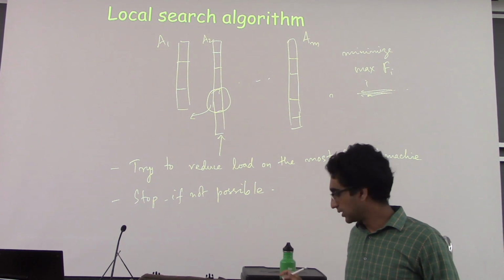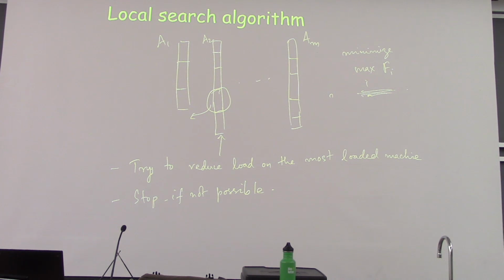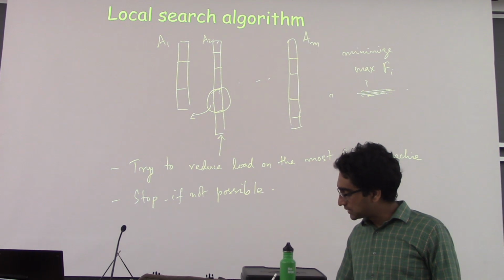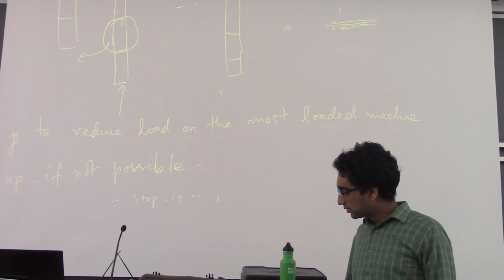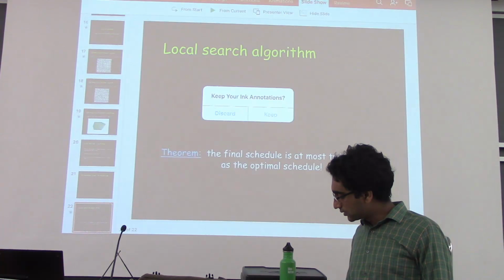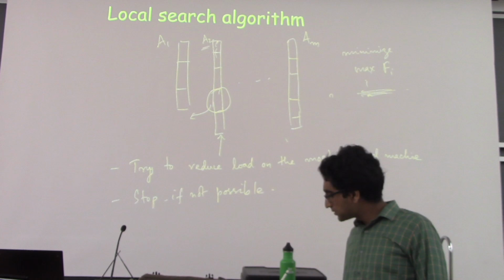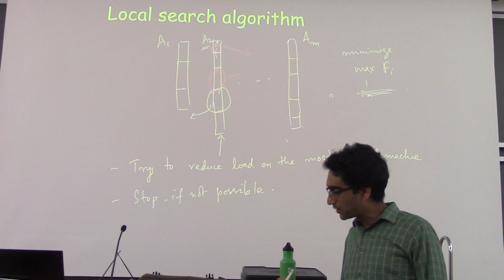So, okay. Do you pick it randomly from the? No, try everything. So what I mean is, you have this most loaded machine. Let's say it's A2. Try to see if you can move this job somewhere else, or if you can move this job somewhere else, and so on.